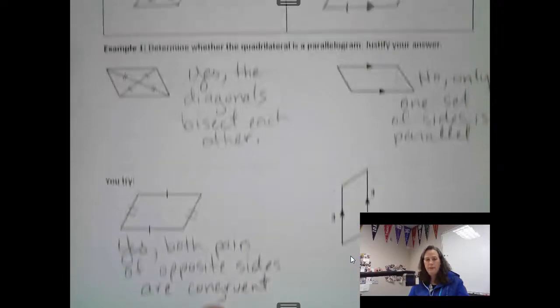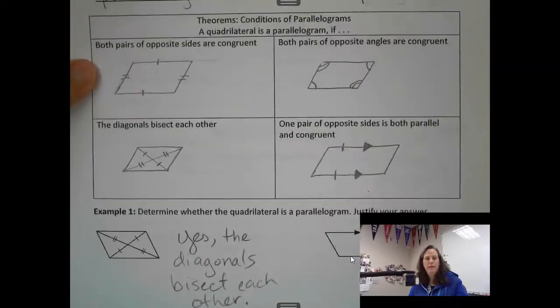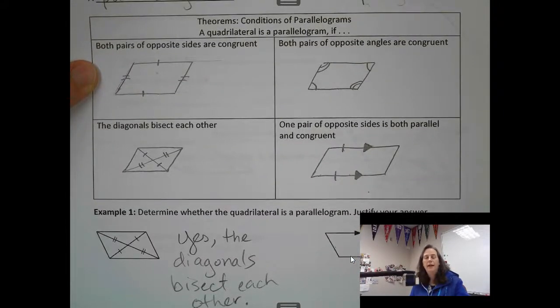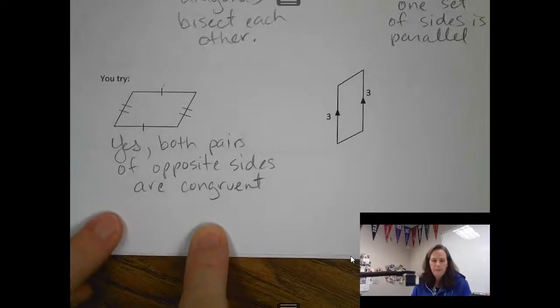And that was, I'm going to slide my paper, that's this rule right here. Both pairs, not just one pair, both pairs of opposite sides are congruent. Okay, so we got that one.